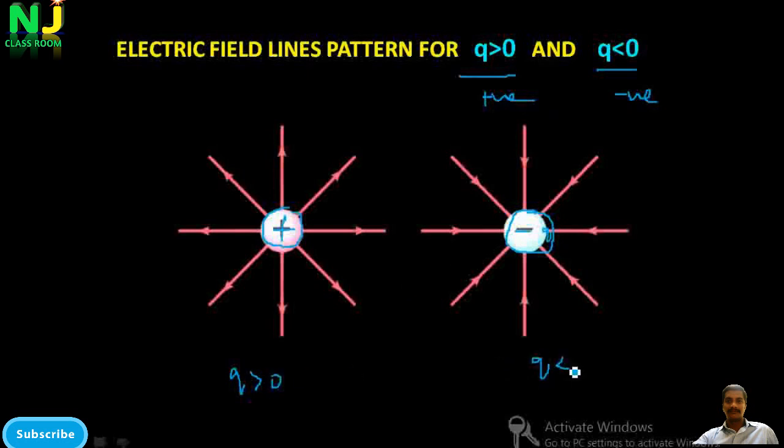So electric field lines look like this: outward for a positive charge, inward for a negative charge. Positive charge ಅಲ್ಲಿ electric field lines ಹೊರಗಡೆ ಹೋಗ್ತಾ ಇರುತ್ತೆ, ನೆಗೆಟಿವ್ ಚಾರ್ಜ್ ಅಲ್ಲಿ ಎಲೆಕ್ಟ್ರಿಕ್ ಫೀಲ್ಡ್ ಲೈನ್ಸ್ ಒಳಗಡೆ ಬರ್ತಾ ಇರುತ್ತೆ. ಸೊ Q greater than 0 ಅಂದ್ರೆ positive, less than 0 means negative charge.